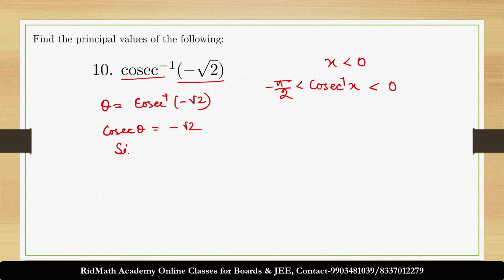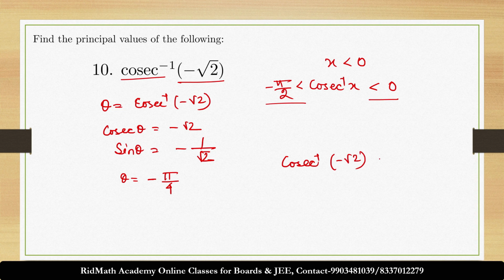That means sin theta equals minus 1 by root 2, and for theta equals pi by 4, sin theta is 1 by root 2, and because a negative sign is there, this theta would lie between minus pi by 2 to 0. That means the angle would be minus pi by 4. So cosec inverse minus root 2 equals minus pi by 4.